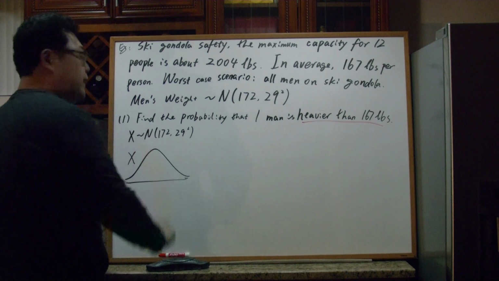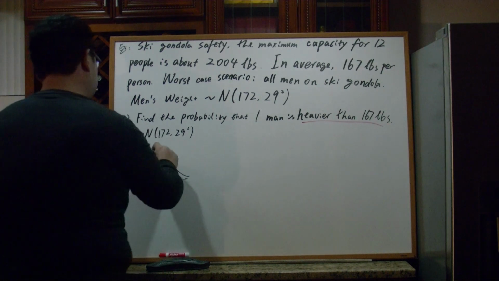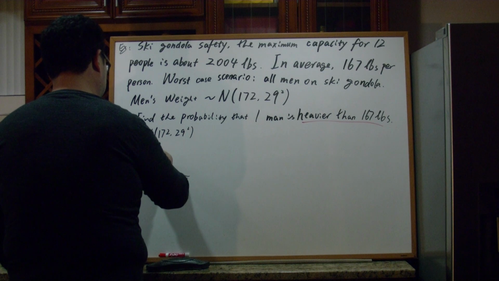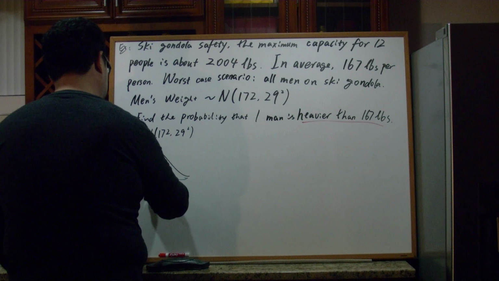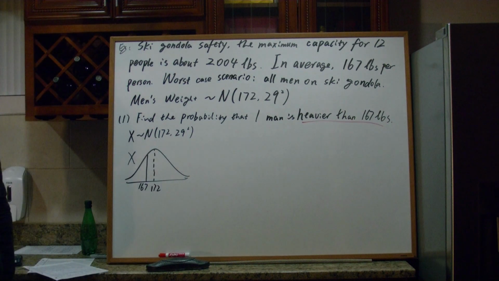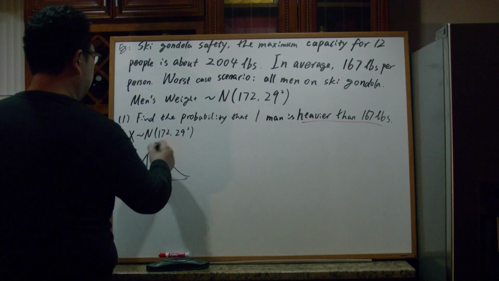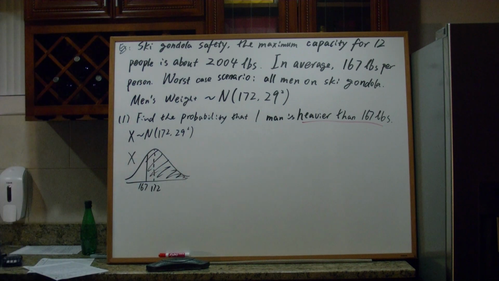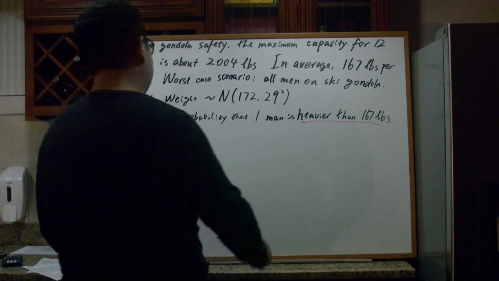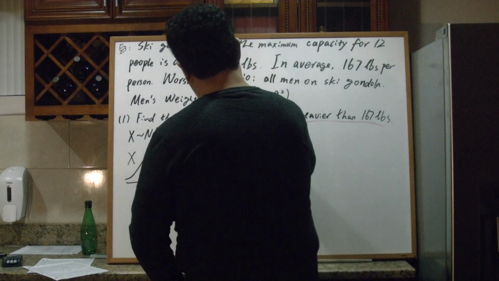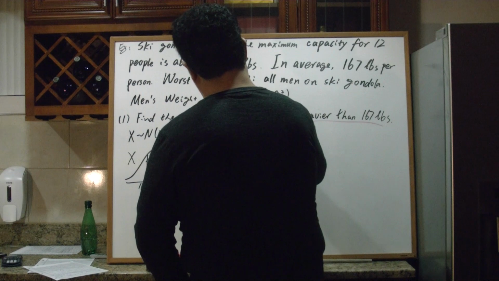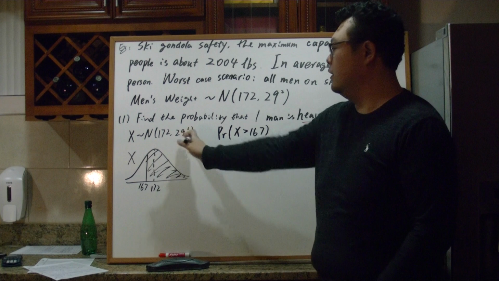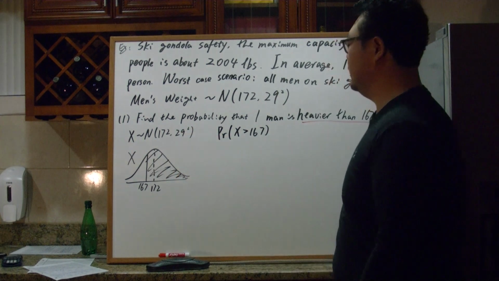The density of X is centered at 172. 167 is just a little lower than 172, and that is the area we're looking for: the probability that the mass is bigger than 167 for one man.